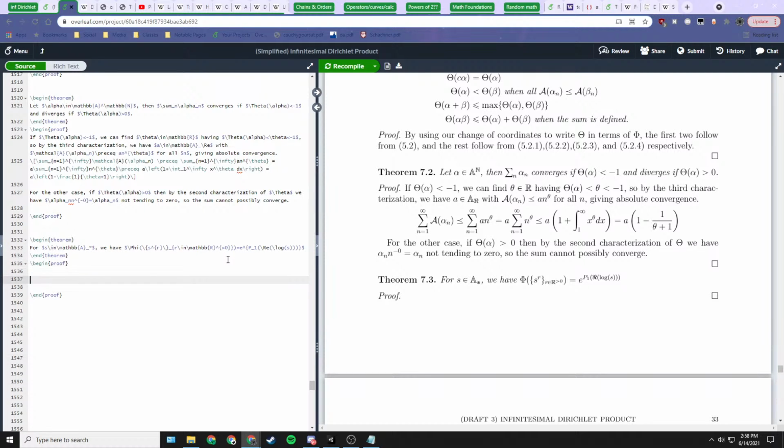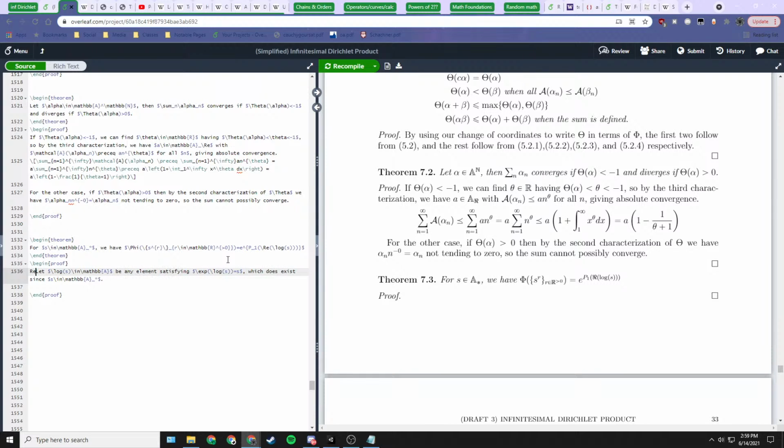Okay, so let's see. Let log of s satisfy any element satisfying exp log s equals s, which does exist since s is in A star.